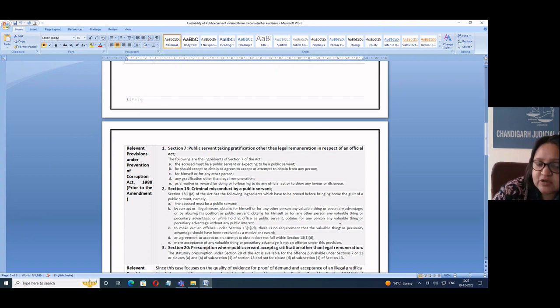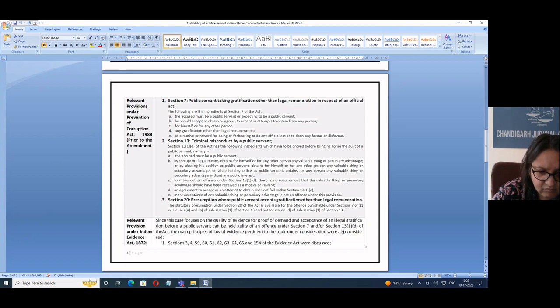Section 20, which speaks of presumption where a public servant accepts gratification other than legal remuneration, was also discussed, and it was observed that the statutory presumption under Section 20 of the Act is available for the offense punishable under Section 7 or 11 or clauses (a) and (b) of sub-section 1 of Section 13 and not for clause (d) of sub-section 1 of Section 13.